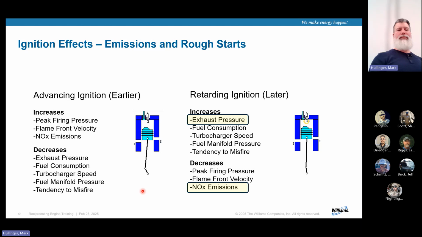It's a little counterintuitive because when you're advancing, the peak pressure will actually go higher, which means higher temperature, so you think it would be just the opposite. You're getting higher temperature, which means more energy into the turbo, but it's actually the flow.